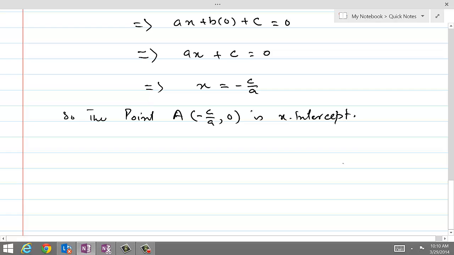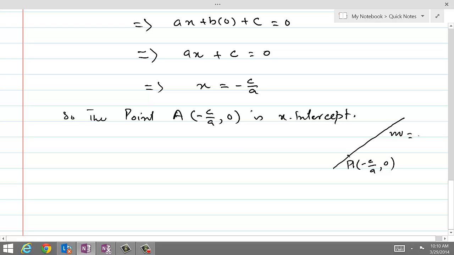So if this is a straight line which already has a point A, minus c over a, 0, we already know what is slope of this line.